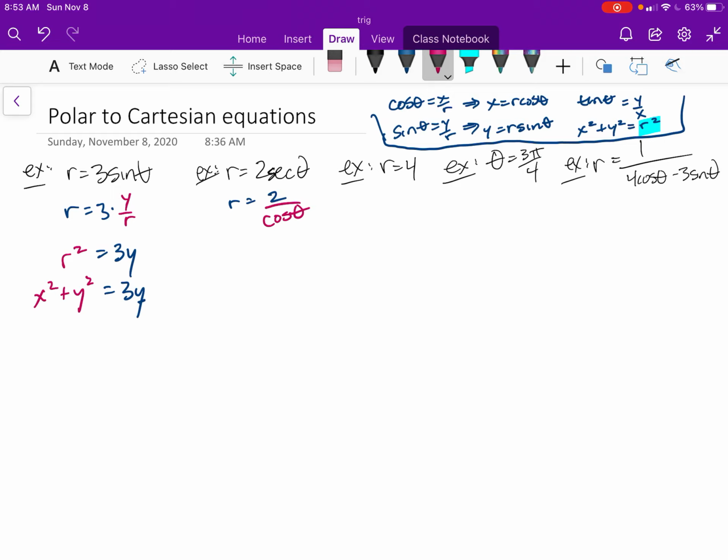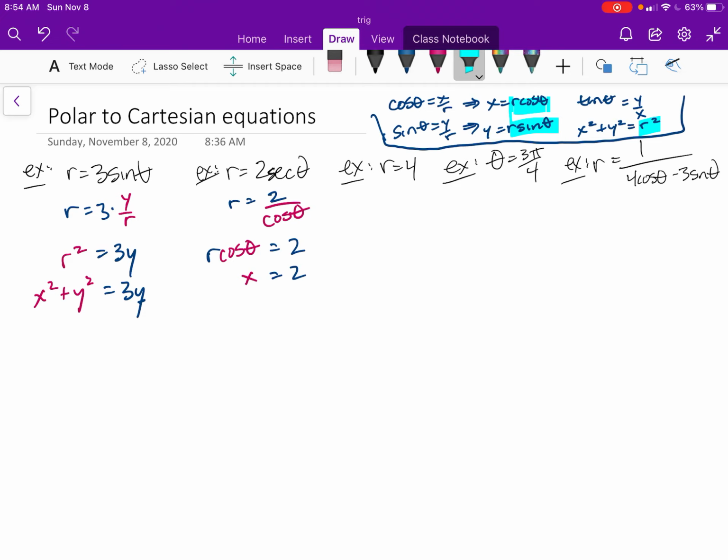And if I multiply cosine to the other side, I would have r cosine theta equals 2. And r cosine theta, we know, is x. So sometimes, rather than making a bunch of substitutions, if you can directly get r cosine theta or r sine theta, then you know those are x and y, so try to manipulate it, if possible, to that.